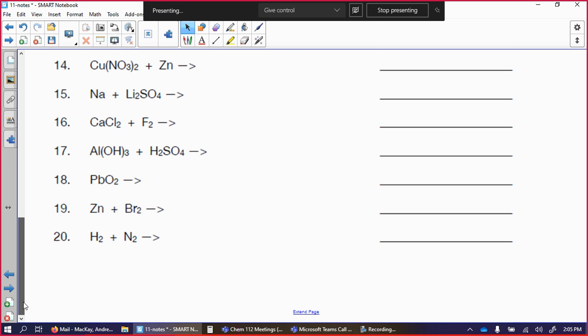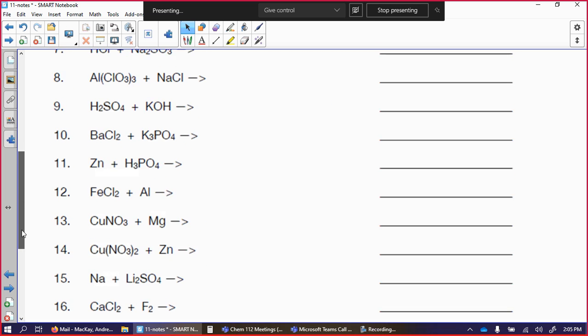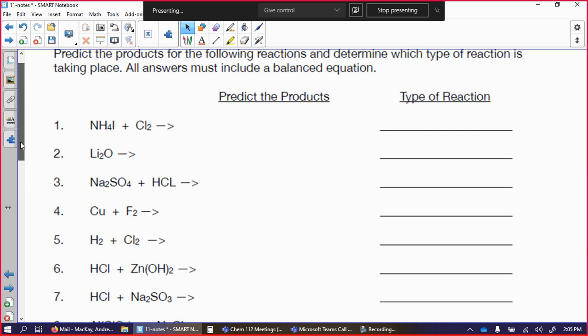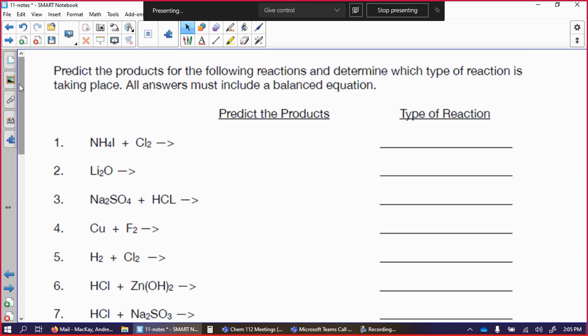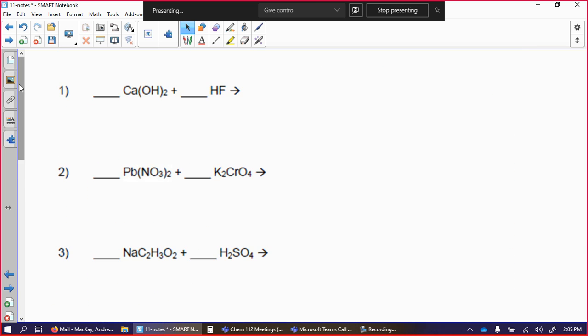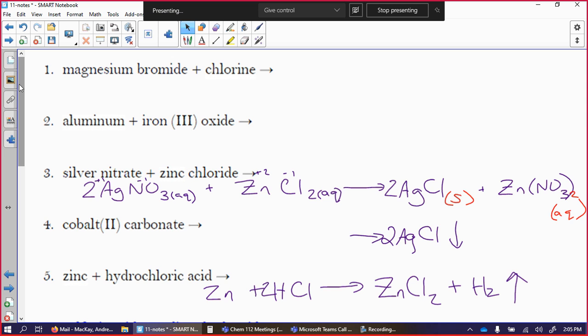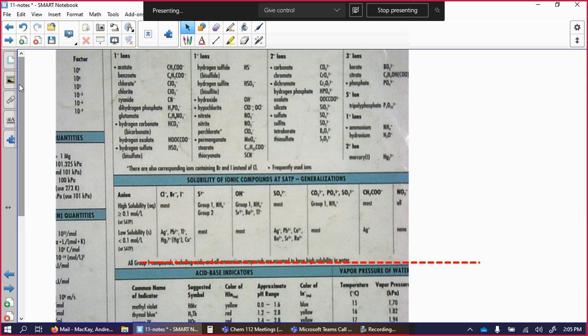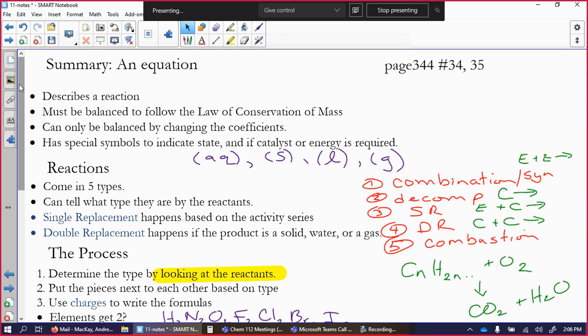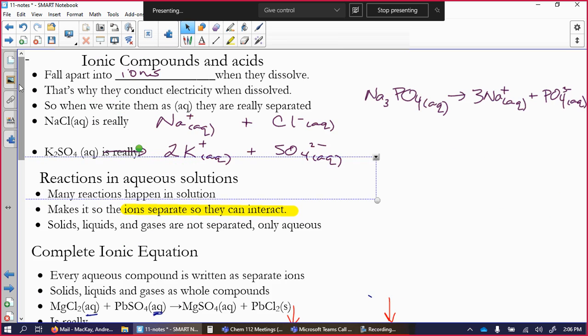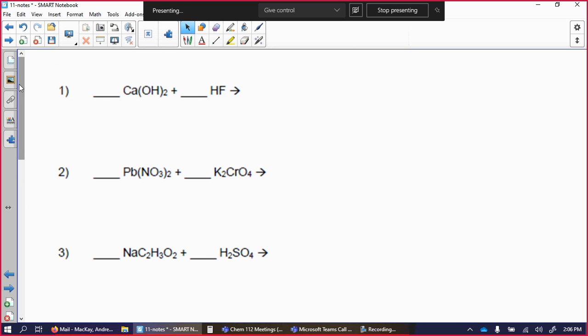And I think it ends here. And these are what type and predict the products. And then I'm torn as to whether to do the ionic compounds and net ionic equations, but it's important. But yeah, we might try to squeeze it in tomorrow.